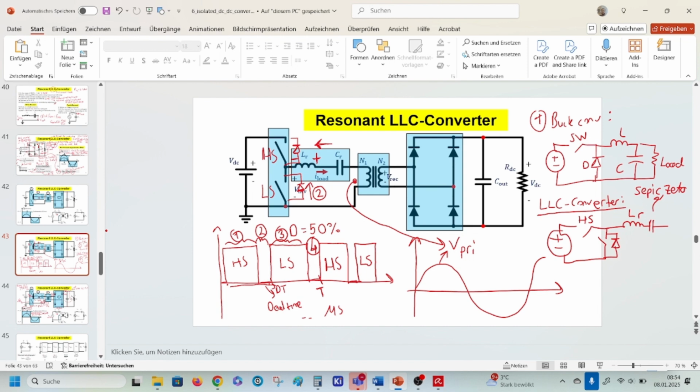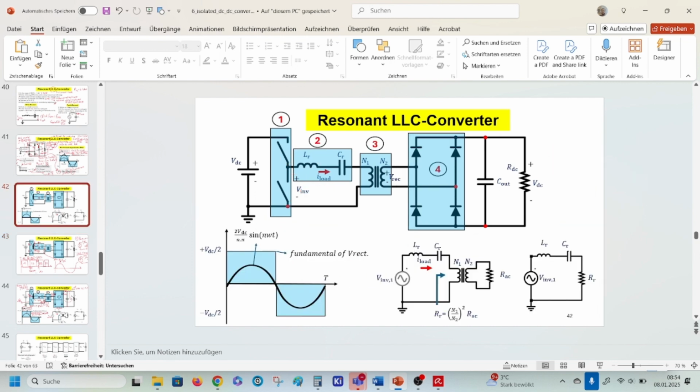And this is called resonant cap. And then I have a transformer. I showed this transformer model.